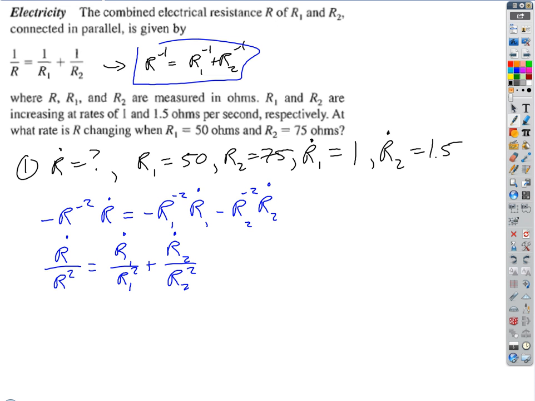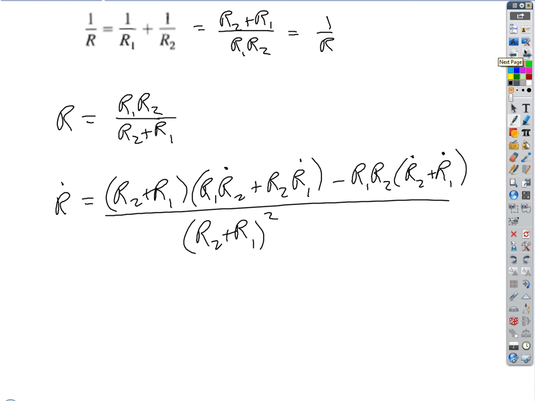You could just say what's R. R is just going to be the reciprocal of 50 plus the reciprocal of 75, to the negative 1. So you could do it that way too. It's fine. Just being who I am, I probably would do that, just so I could plug it all in at once on my calculator. I don't know if it's any harder or easier.